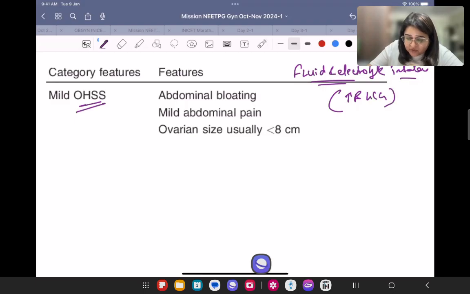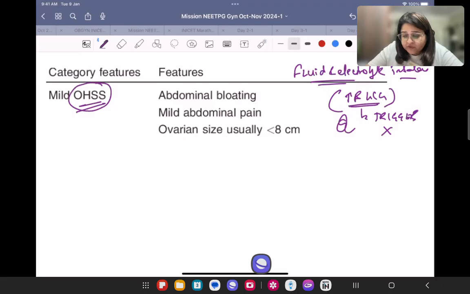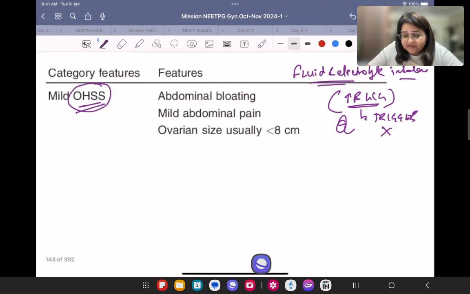And this happens especially when you use HCG. If the patient becomes pregnant, of course HCG levels will be high, but we're talking about before she gets pregnant. So the common question that comes is, if the woman is at risk of OHSS, what should we do? We should not use HCG as the trigger.